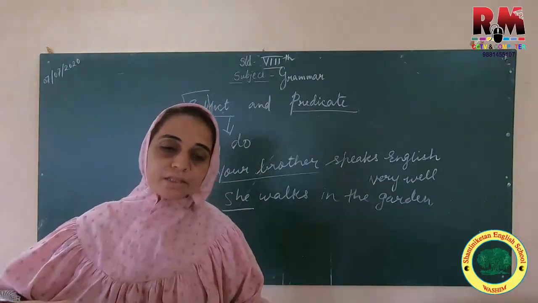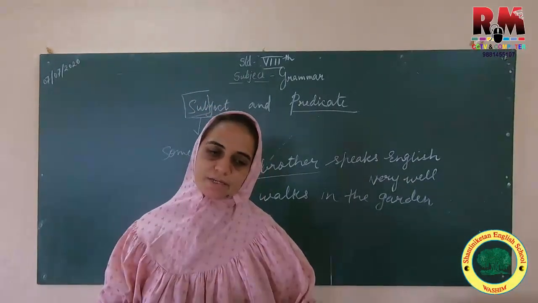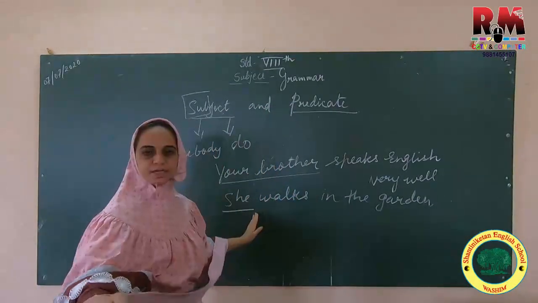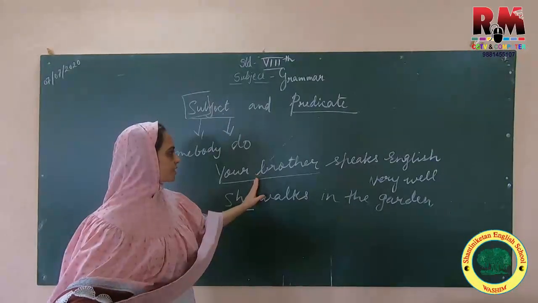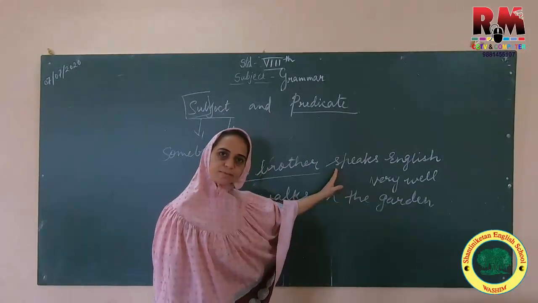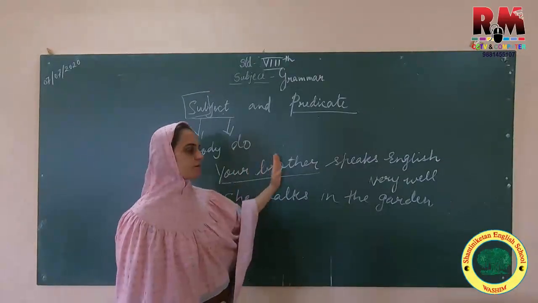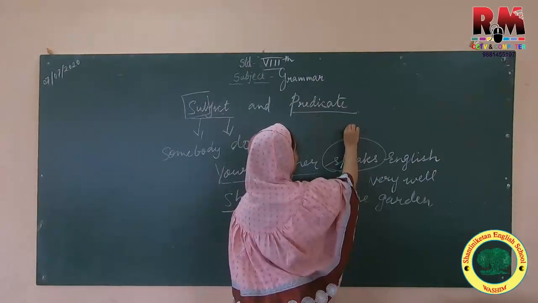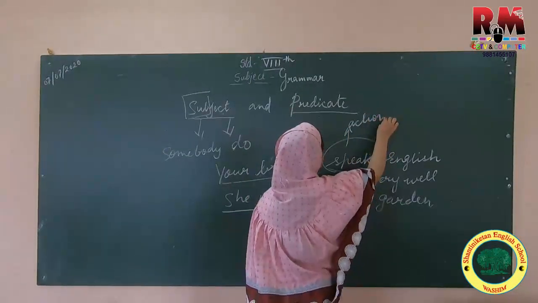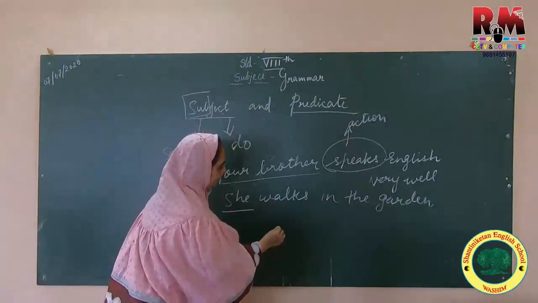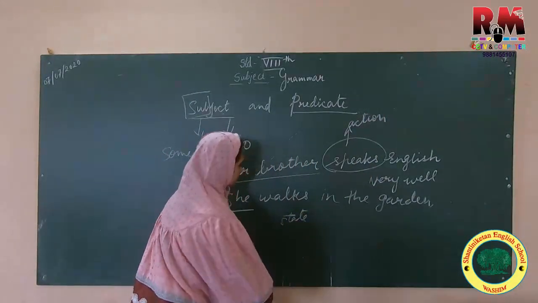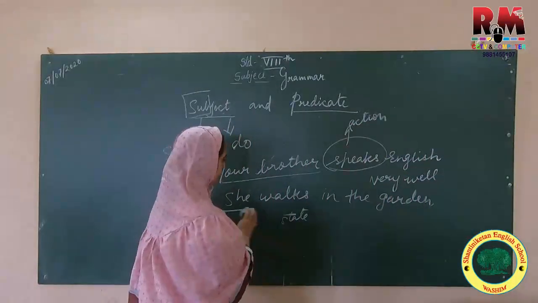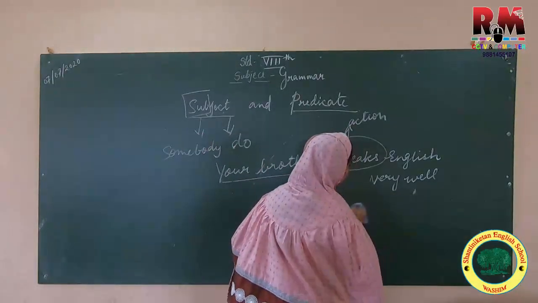Now again, how to identify a subject in the sentence? The subject can be in the form of action, or it can be in the form of state. The above sentence is in the form of action, your brother speaks, because the verb is in the form of action. And the subject can also be in the form of state.